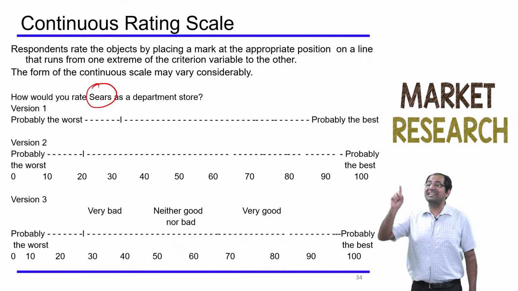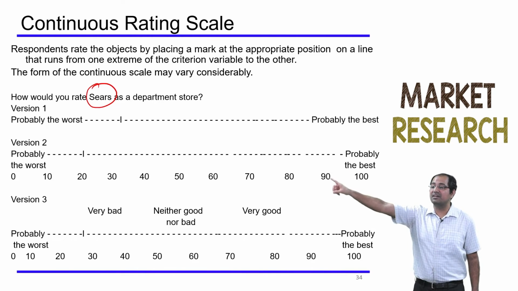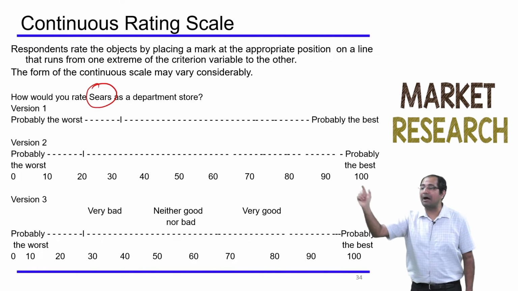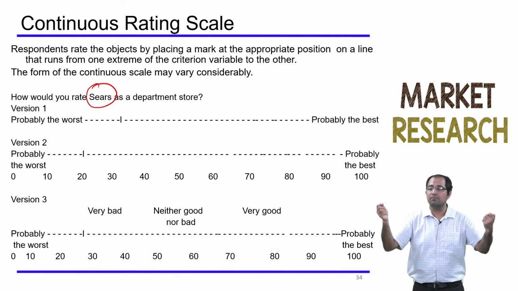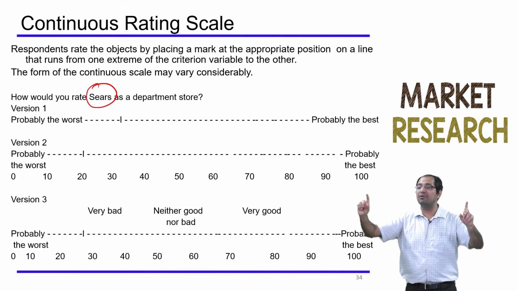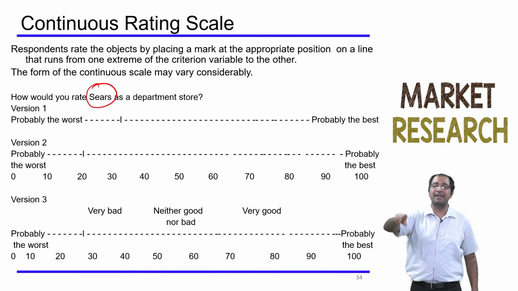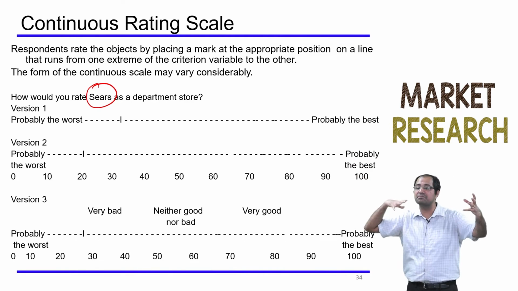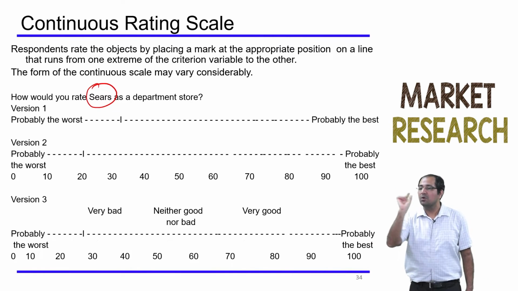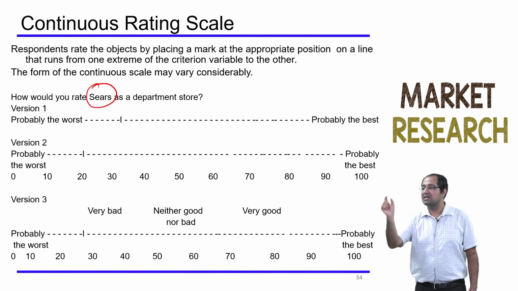So I am not saying compare Ambika with any other, with Nilgiris. I am saying how would you rate Ambika as a department store, rate in a continuum from 1 to 100. Now I am not telling you to compare Ambika with Nilgiris and say which you like more. What I am saying, one at a time, one object at a time.